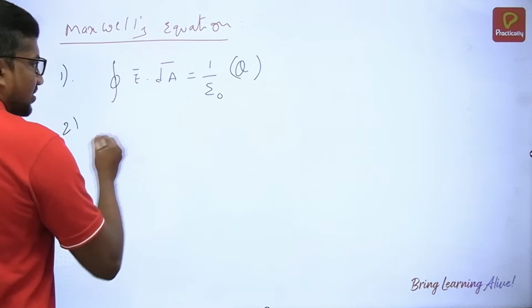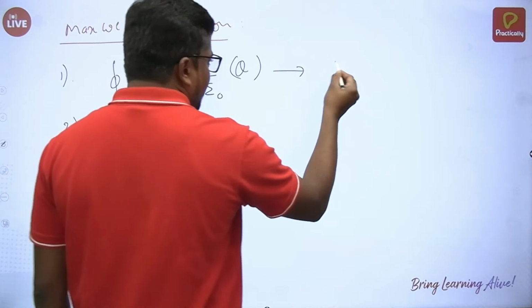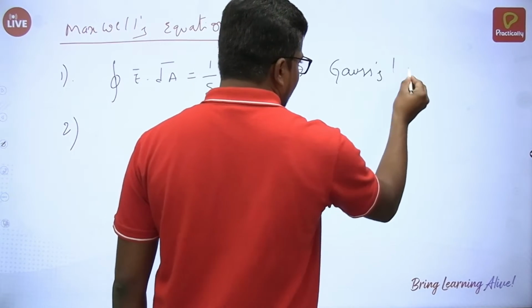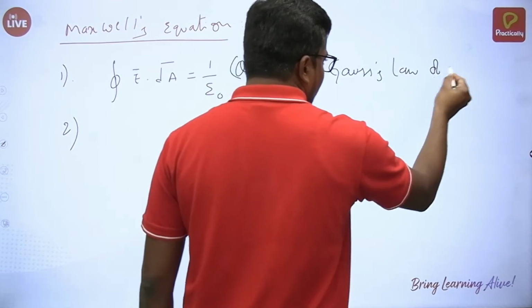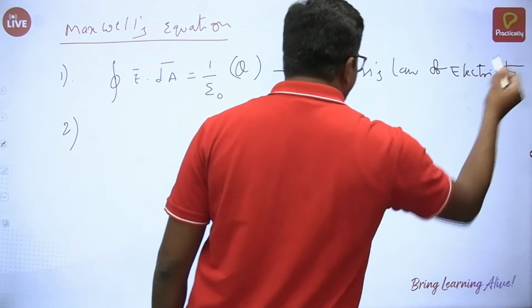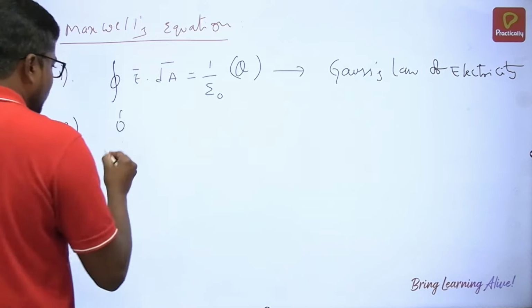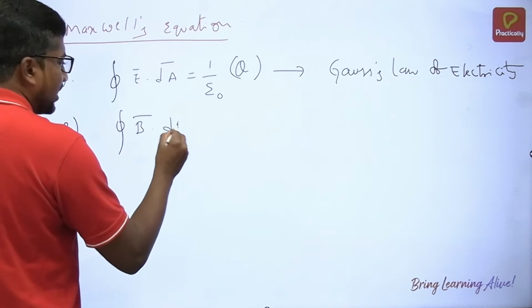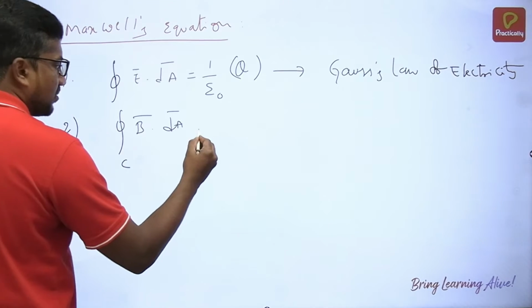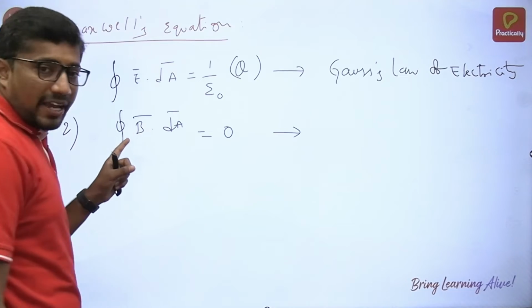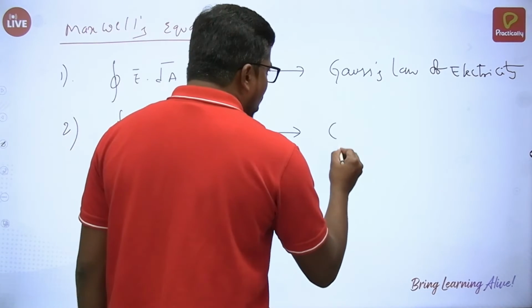Okay, and this is called Gauss law for electricity. And then Gauss law of magnetism: the surface integral of the magnetic field over a closed surface is equal to 0. Okay, this is called Gauss law of magnetism.